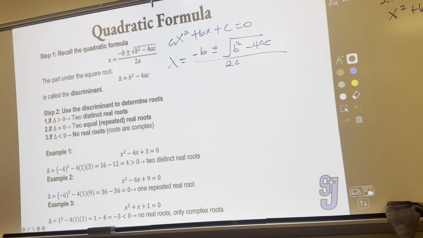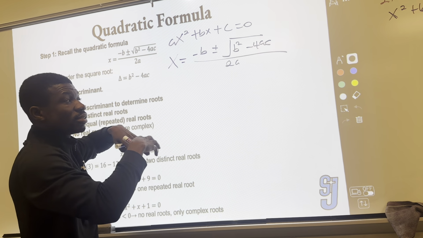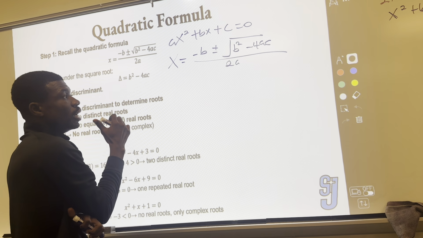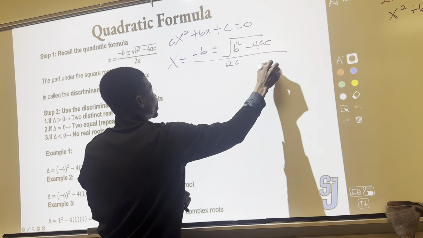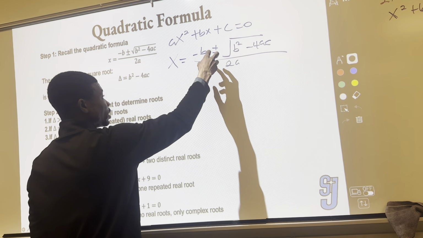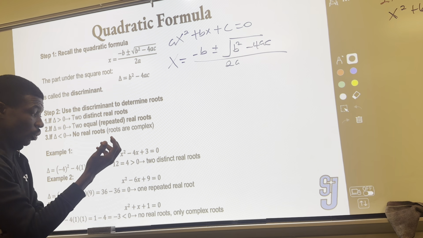Now, this is just the formula. This is just the means by which I will get my x easily. Should I have this formula written, I just plug in the values to make sure that everything is okay.